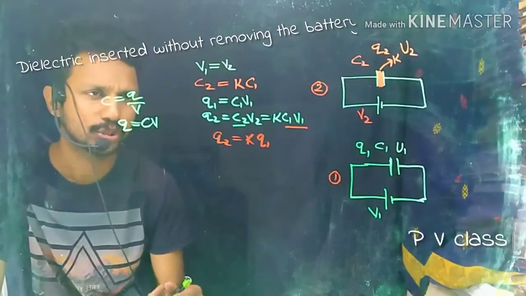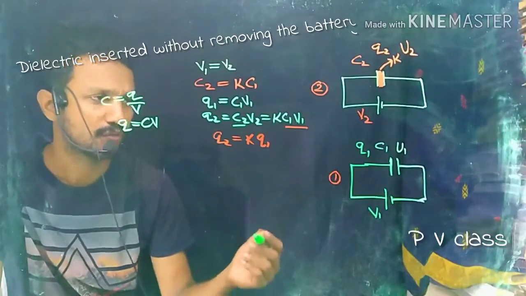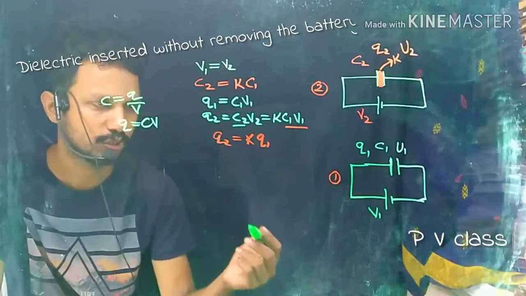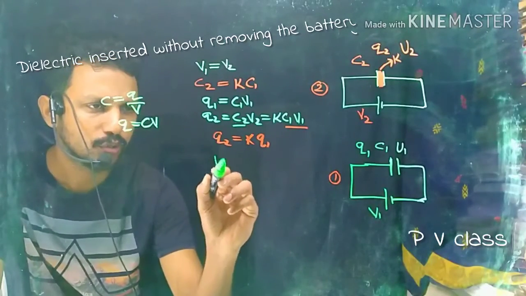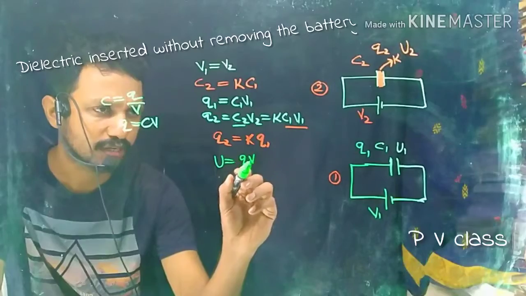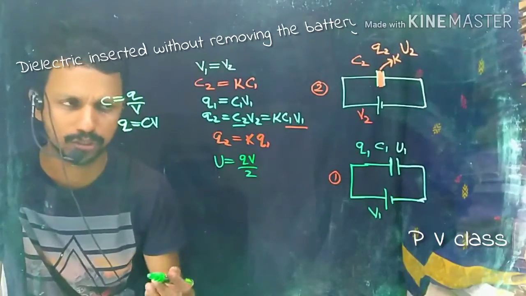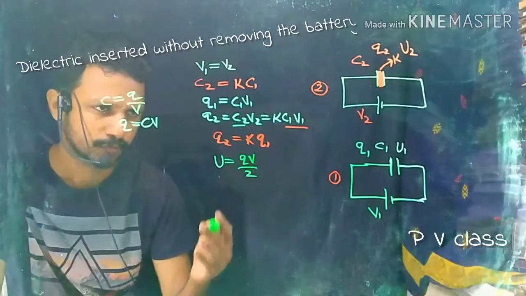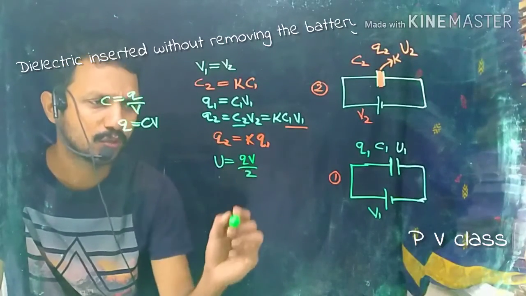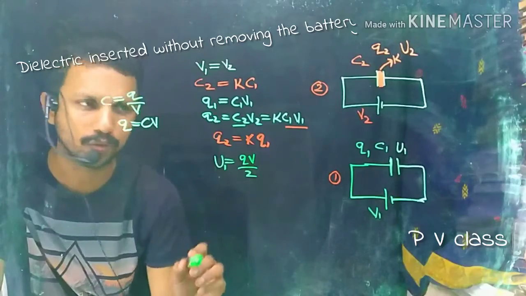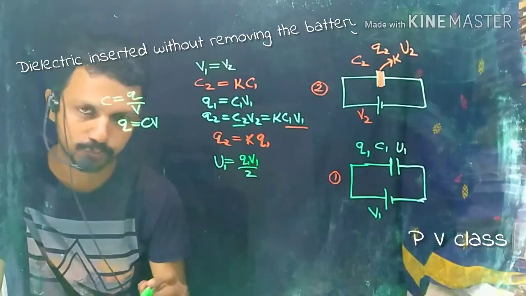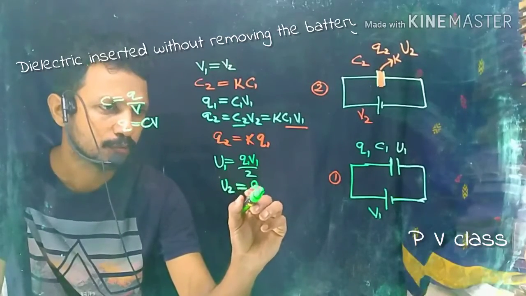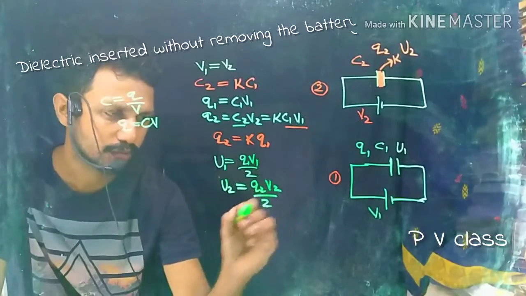Lastly, we are going to find the potential energy. We could use any relation for potential energy, but in this case I am using U is equal to QV by 2. Then U1 is equal to Q1V1 by 2, and likewise U2 is equal to Q2V2 by 2.